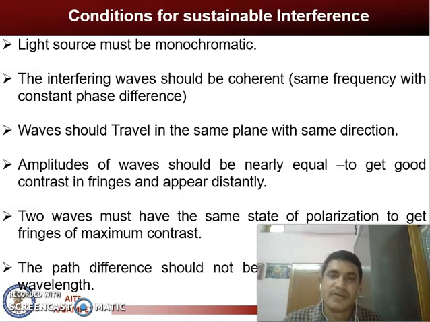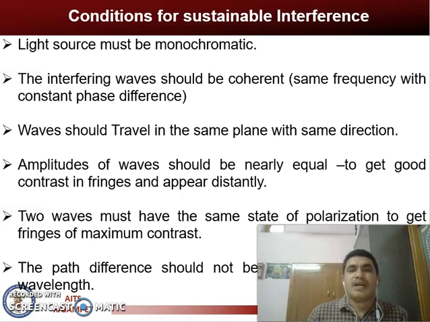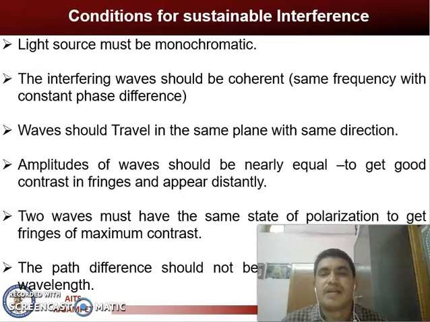Another one is that the waves should travel in the same plane and the same direction, and the amplitudes of the waves should be nearly equal to get good contrast in fringes so they appear distinctly. Two waves must have the same state of polarization to get fringes of maximum contrast. And the final one is that the path difference should not be very long compared to the wavelength of the sources.